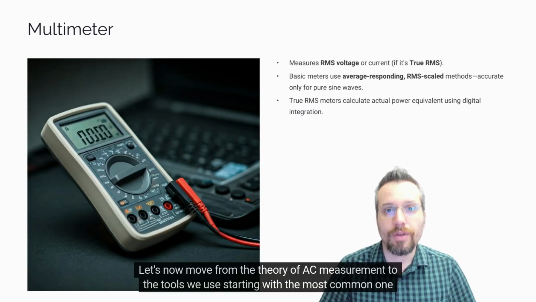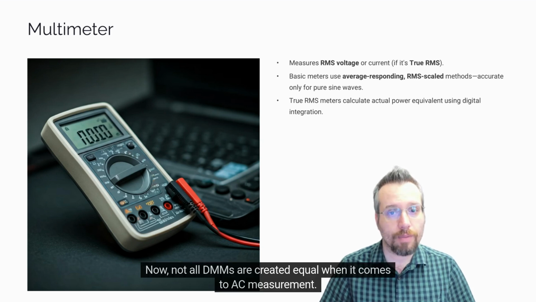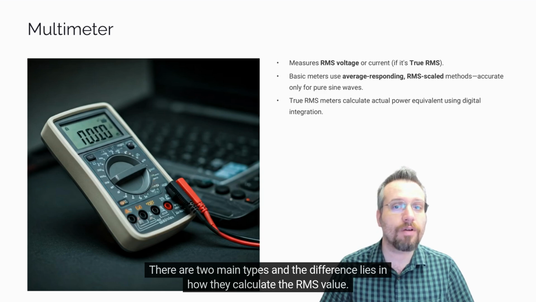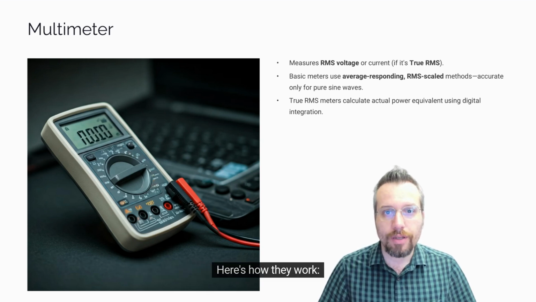Let's now move from the theory of AC measurement to the tools we use, starting with the most common one in your lab or toolbox, the digital multimeter or DMM. Now, not all DMMs are created equal when it comes to AC measurement. There are two main types, and the difference lies in how they calculate the RMS value. Most basic or inexpensive DMMs are average responding. Here's how they work. Internally, they rectify the AC signal.